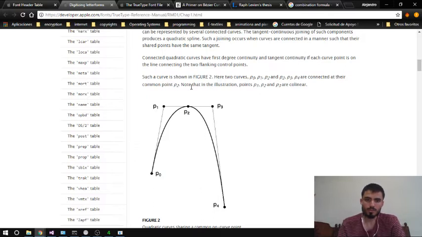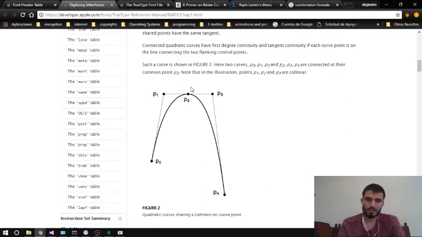Here the curves P0, P1 and P2 and P2, P3 and P4 are connected at their common point P2. Note that in the illustration, points P1, P2 and P3 are collinear.